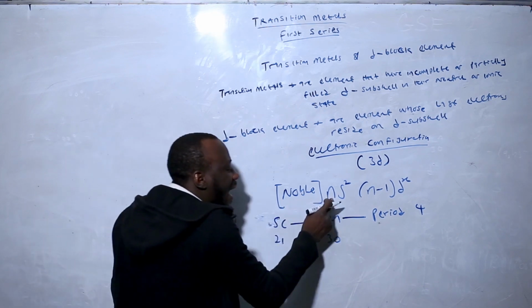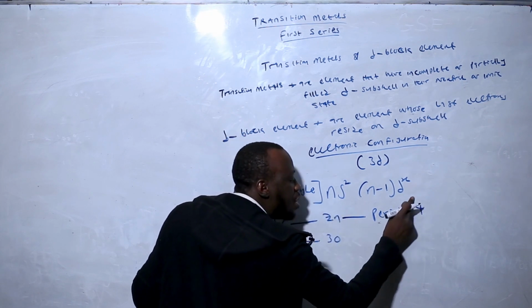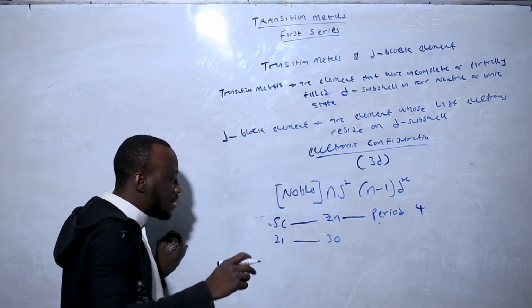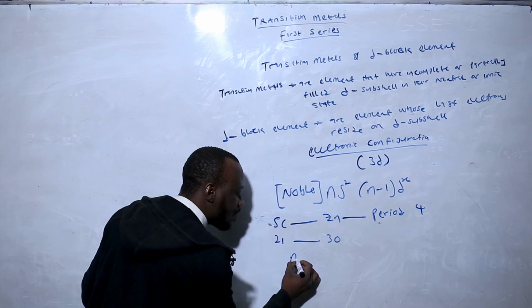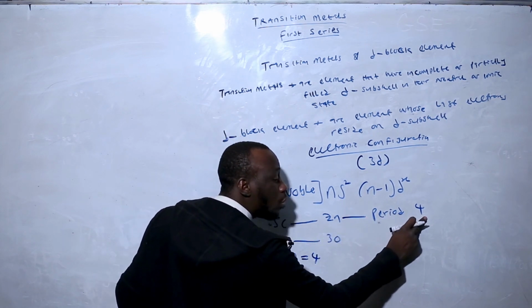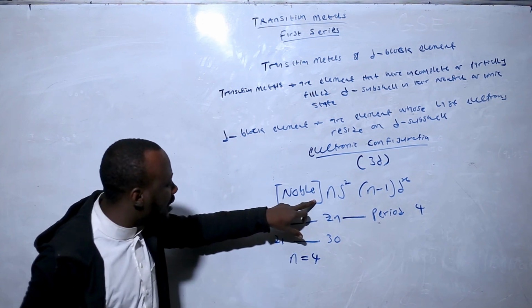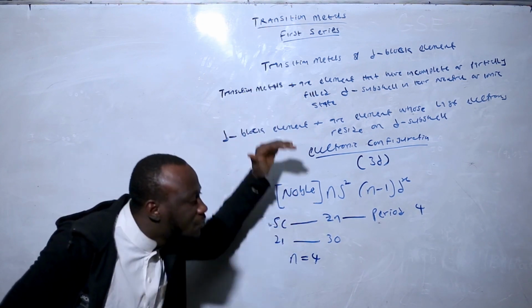So this n here is the number of the period. Here our n equals 4, because they belong to period 4.